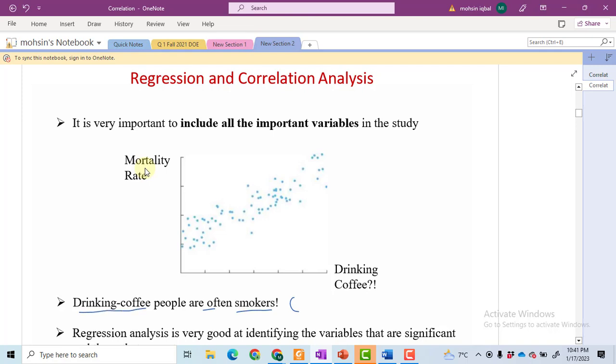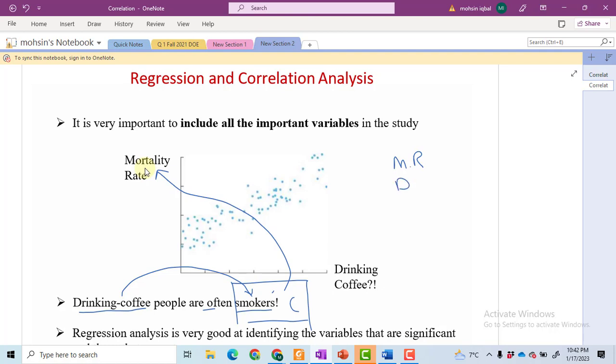So maybe the people who drink coffee are smokers, and this smoking affects their mortality rate. So we are missing one main variable. Which one? Smoking. So it is recommended to include all of the variables: mortality rate, second drinking coffee, third smoking of cigarettes. In this way we can get more information and logical information.